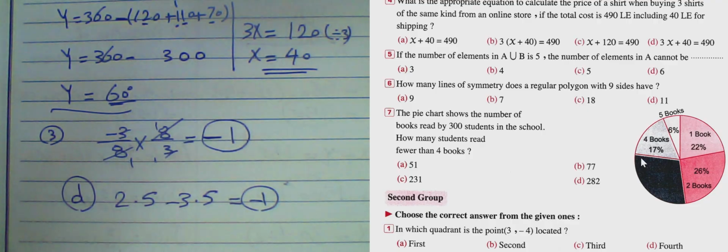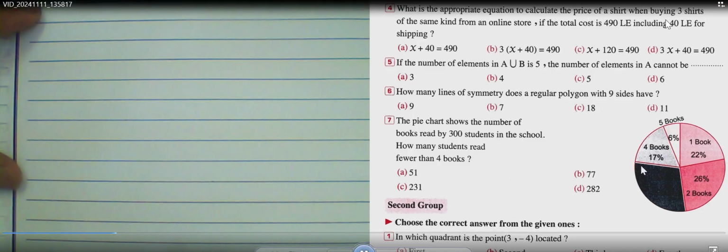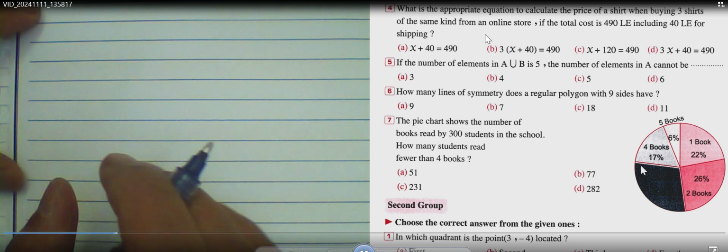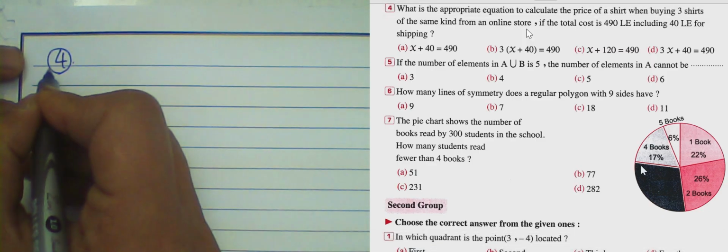Next, question number 4. Which equation can be used to calculate the price of a shirt when buying 3 shirts of the same kind from an online store? We put the price of each shirt as x.